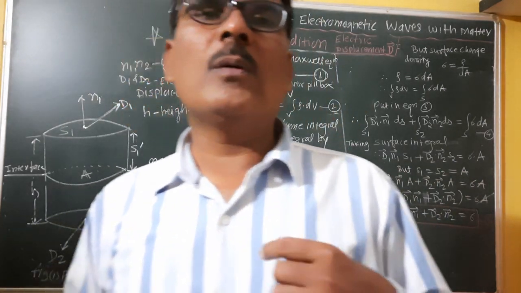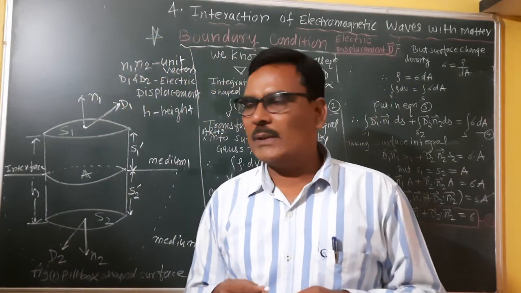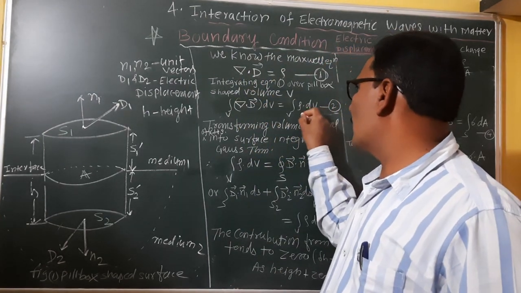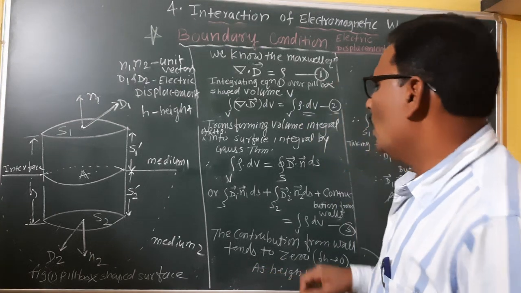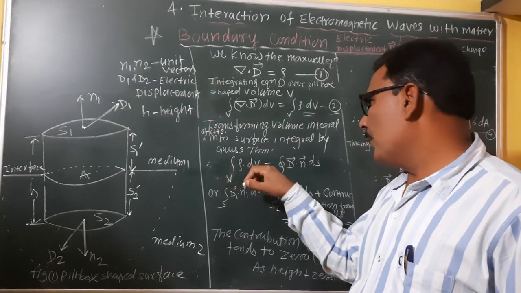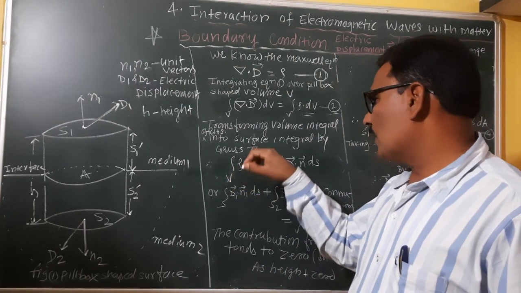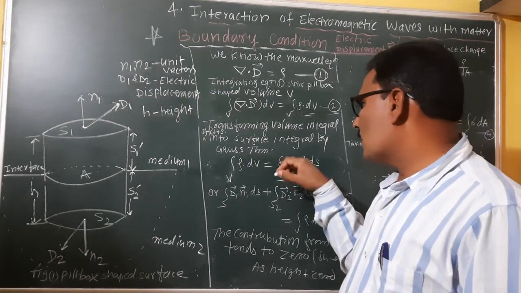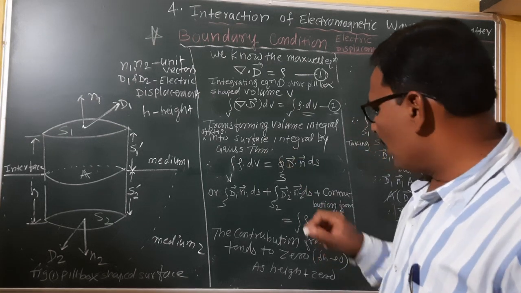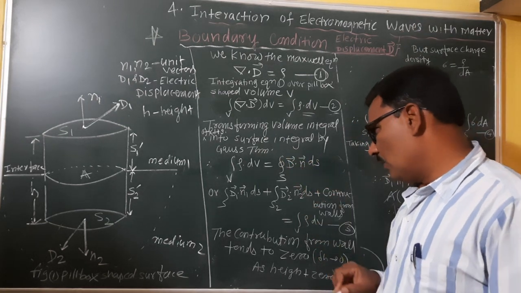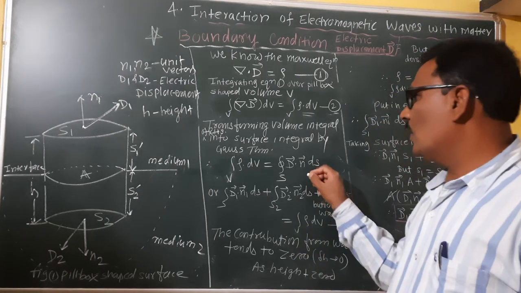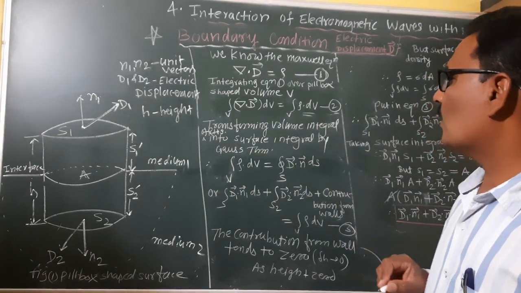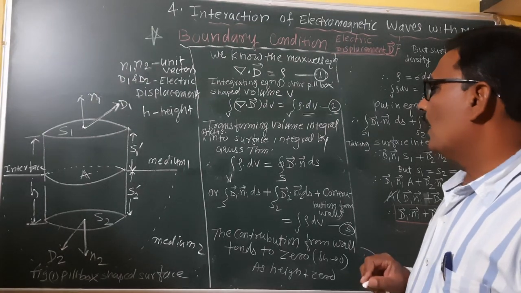Applying it to the term, the volume integration of rho into dV is equal to the surface integration over the closed surface of D bar dot n bar into dS.